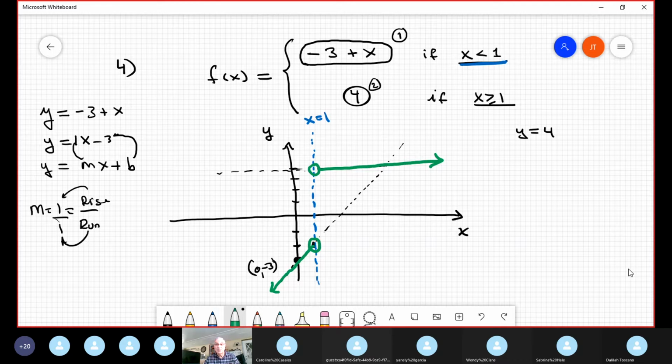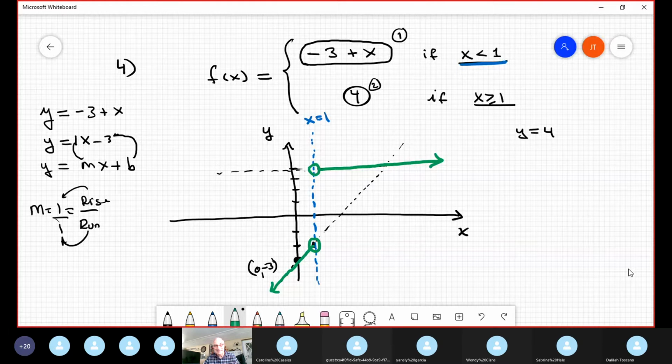So let me repeat again. Before 1, less than 1, the expression number 1 is valid. And the expression number 1, I did the graph, it's an oblique line. And at 1 it stops, no more travel for this line, and it jumps to the horizontal line.